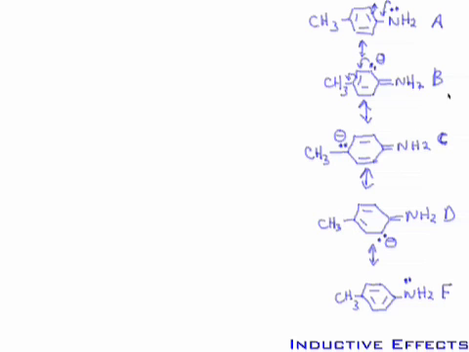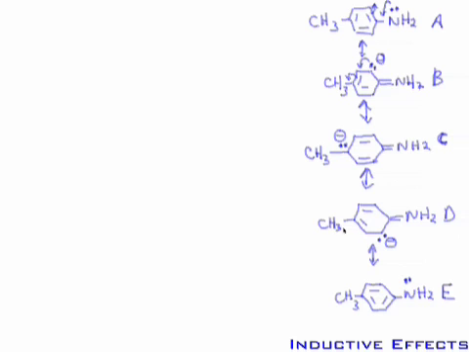So structures B, C, and D are disfavored in terms of contribution to the resonance hybrid by the presence of the methyl and its inductive electron donation. What that means is the negative charge, or the lone pair, spends less time out on the ring and more time in positions A and E, where the lone pair is on the nitrogen, where it is available for protonation.